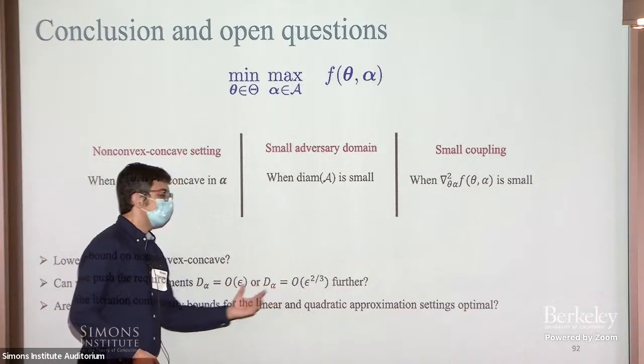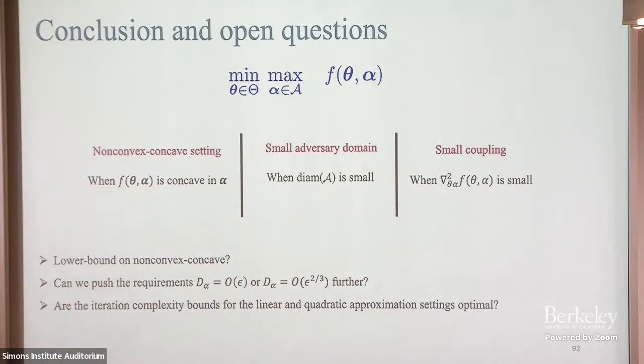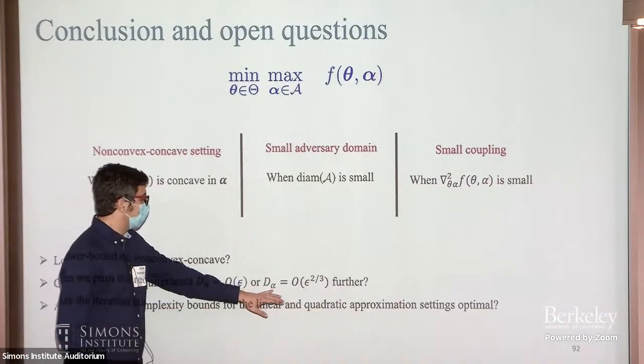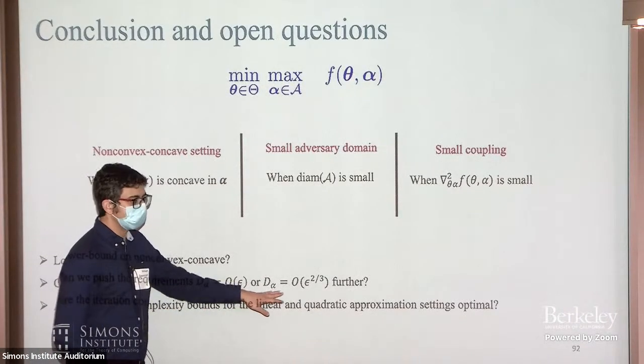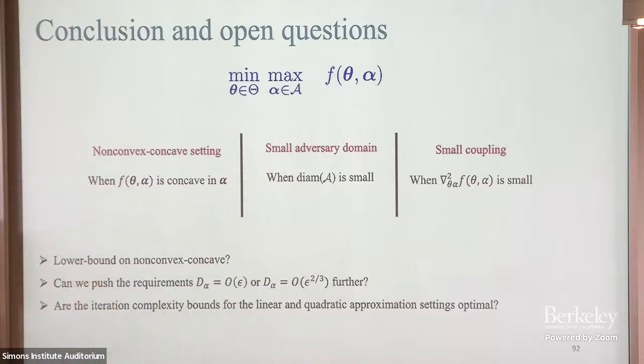But can I relax this diameter further? Is there any other algorithm that, for example, can improve the radius requirement to epsilon^(-1/2) or epsilon^(1/2) instead of epsilon^(2/3)?